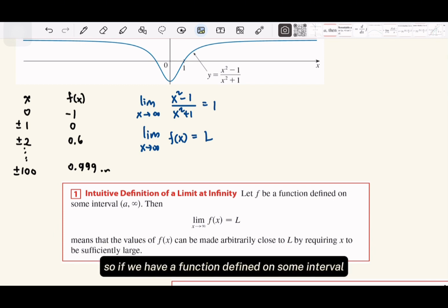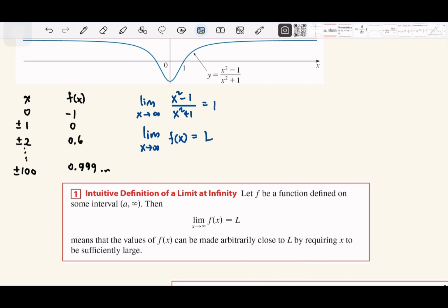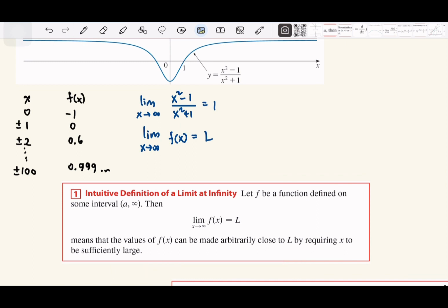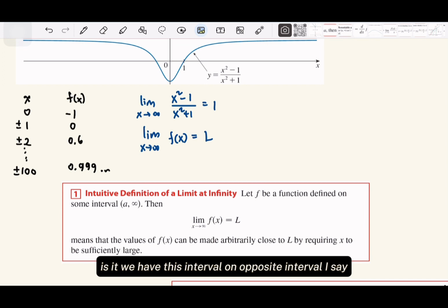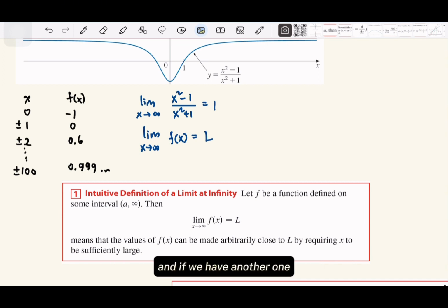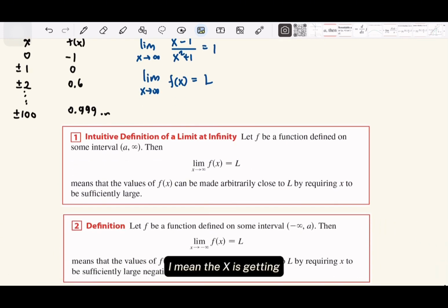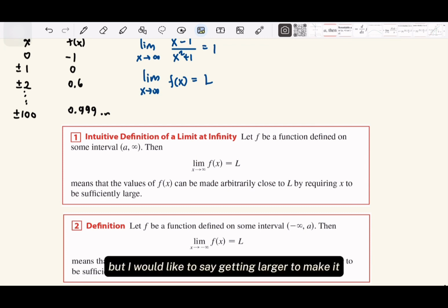So if we have a function defined on some interval, then we can make x large and larger and larger, and when we make it larger, the function value gets close to some L. The same way, usually we have this positive interval, and if we have another one on the left, the x is getting larger, but in a negative way.